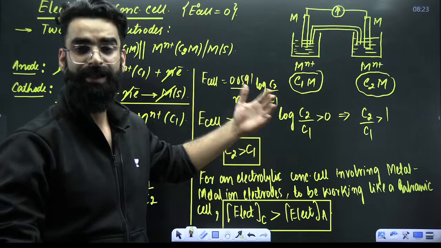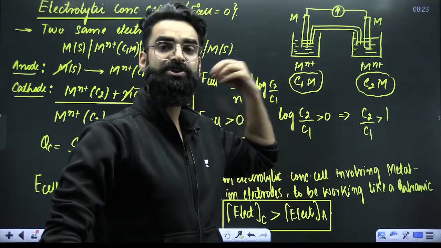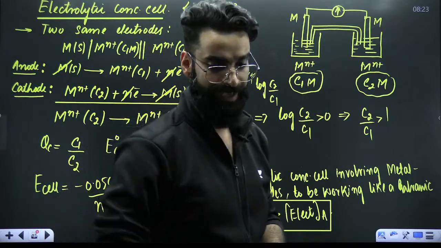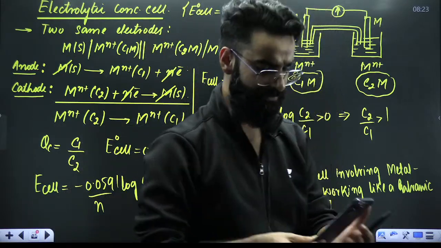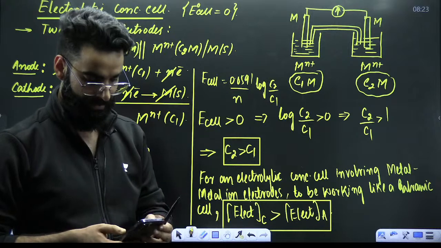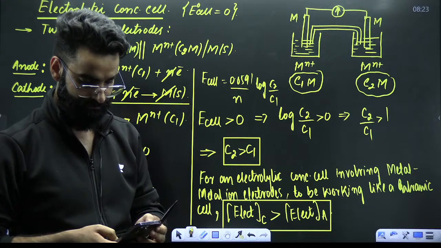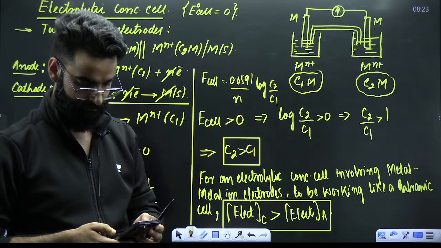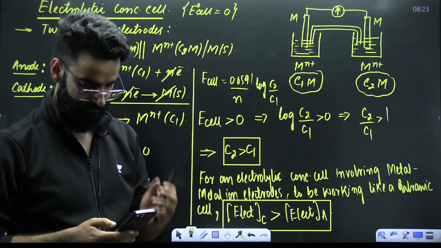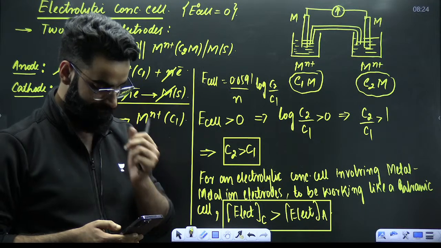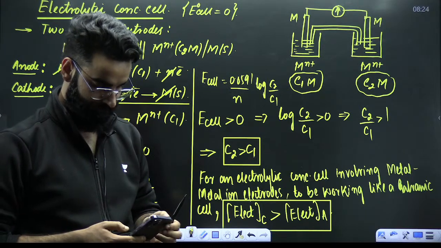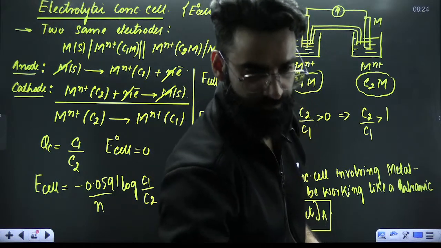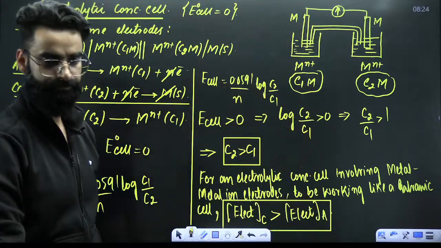Therefore, the cell will be behaving like a normal galvanic cell, in which electrons move from anode to cathode and current shifts from cathode to anode. Is this point clear to everyone? Let me know once in the chats.